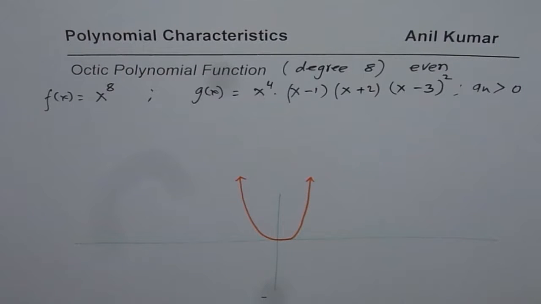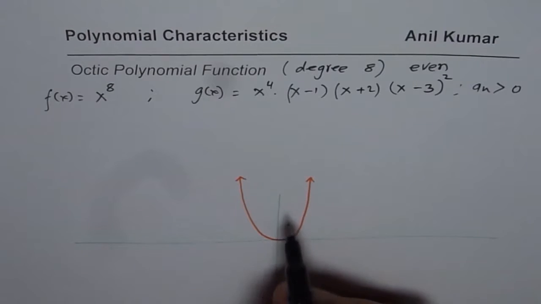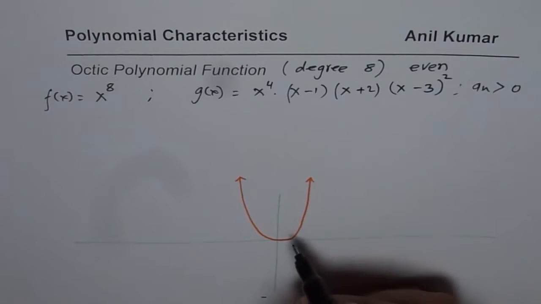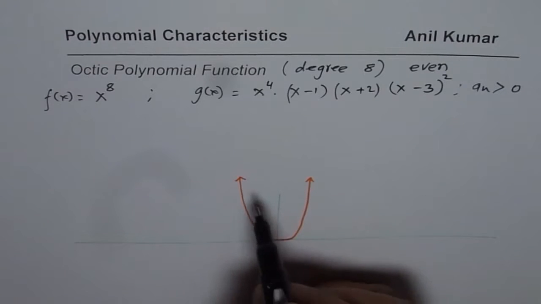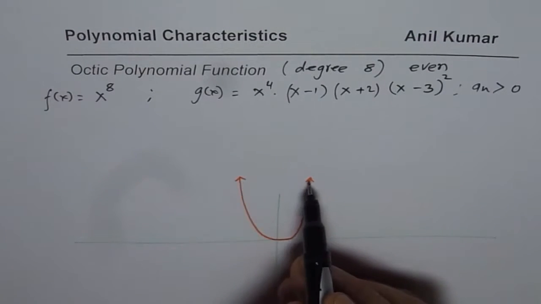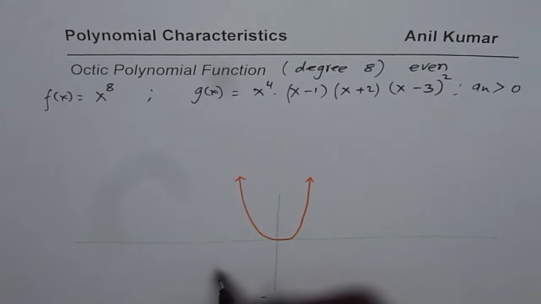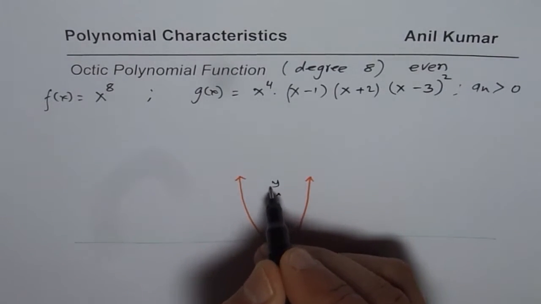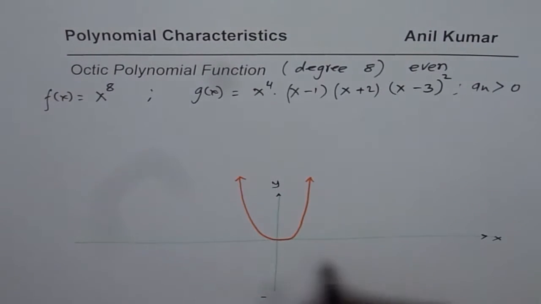Let's consider the possible number of zeros as we move on, and we will also consider the end behavior. You see both sides are facing upwards. In this particular diagram there's 1 zero, and we are calling this y, and this is x for us, and that is the origin.